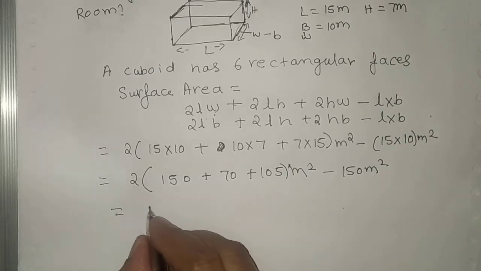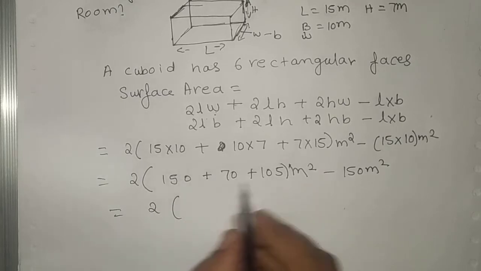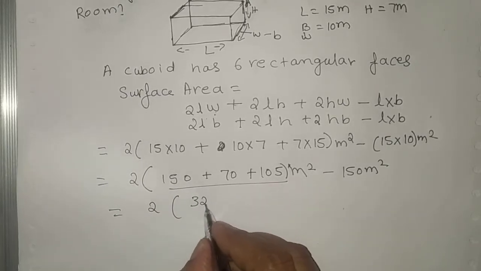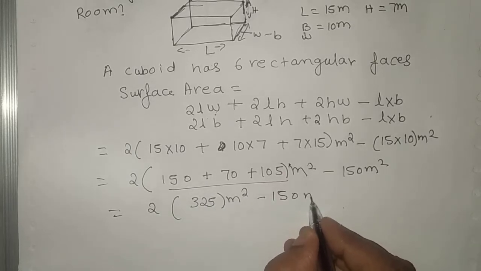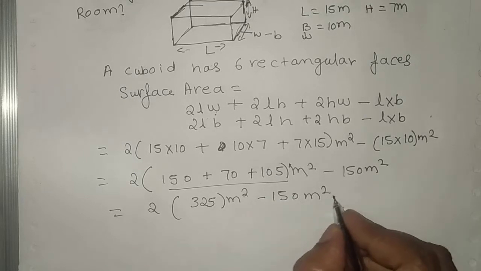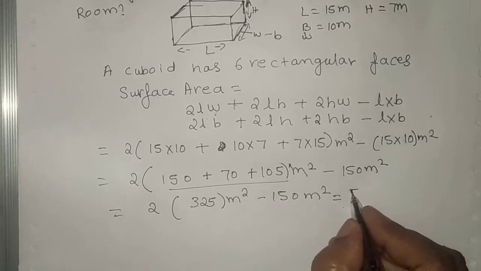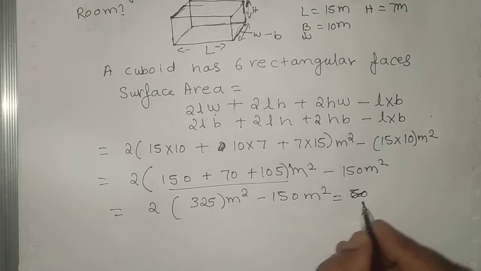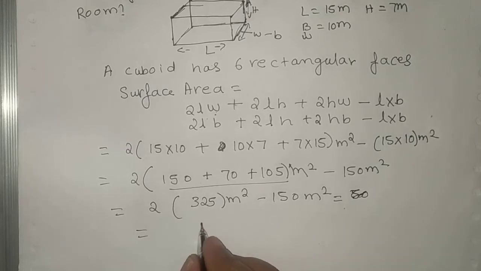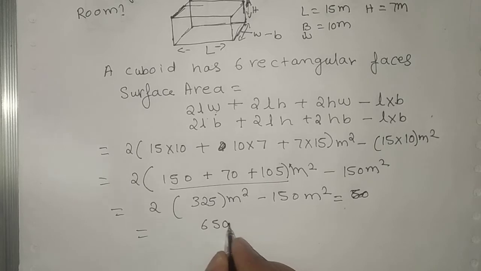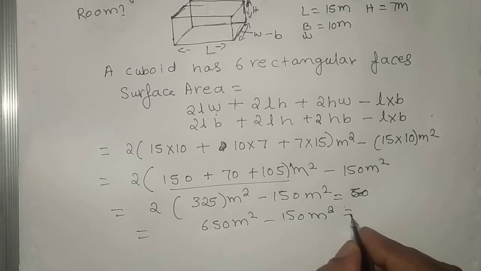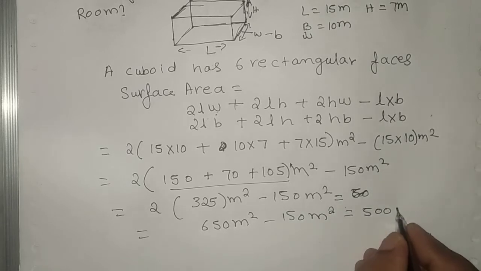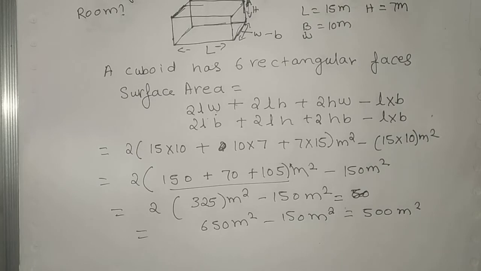Adding, we get 2 into 325, which is 650 m square, minus 150 m square, equal to 500 m square. So we got the surface area as 500 m square.